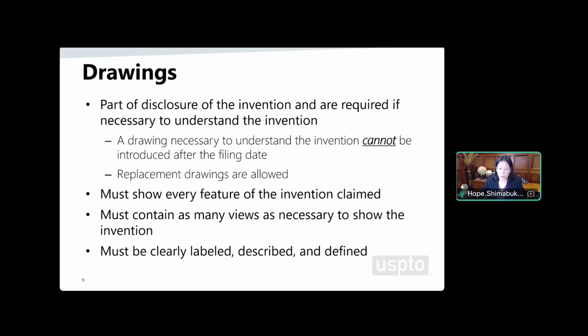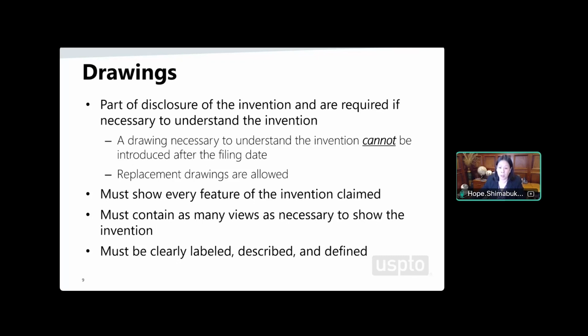You can add replacement drawings, which are amendments really to the original drawing if there is some error in there, but you cannot add something that is new.